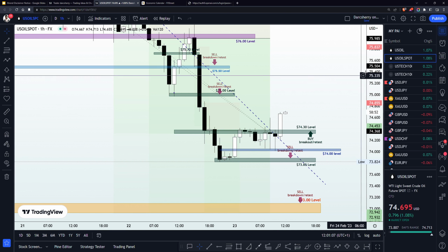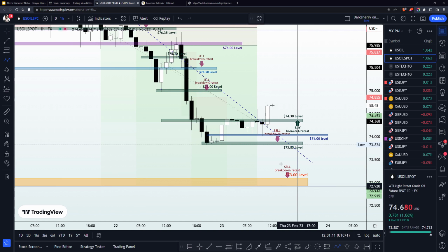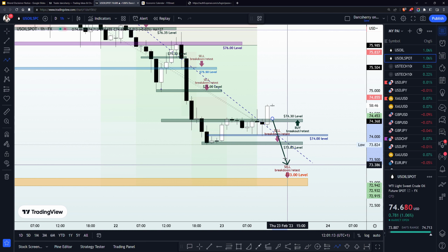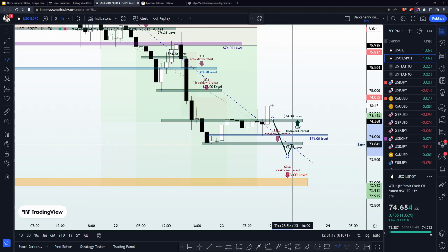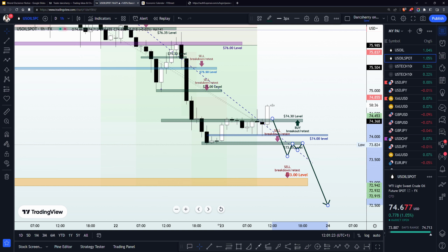I also made mention of the possibility that if price action takes us out of the current buy position, breaking down the $73.85 level, selling pressure below that structure will welcome an additional position to our existing trade. So let's be on standby to catch that move if that is what the market presents to us during the New York session today.